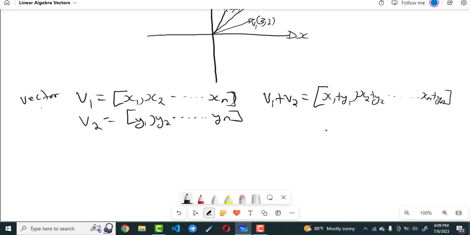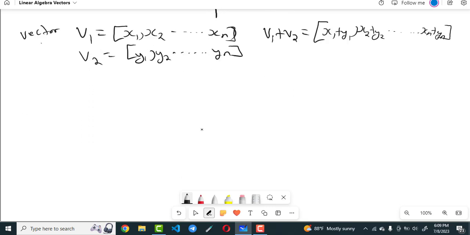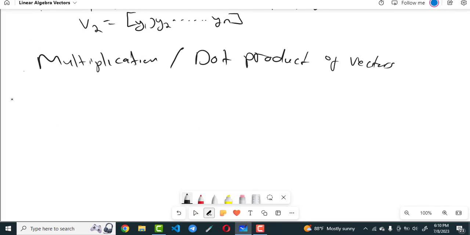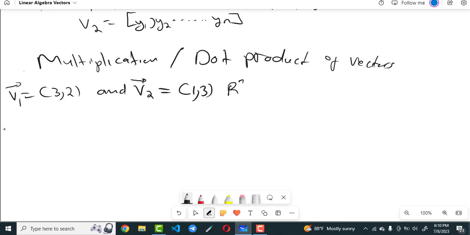Let us dive into the dot product or the multiplication of vectors. So let us take a look at a position vector. Given position vector v1 with coordinates 3 and 2, and also position vector v2 with coordinates 1 and 3, which are all real numbers. Okay? So for the dot product, we are saying position vector v1 dot v2, with an arrow at the top to represent vectors.